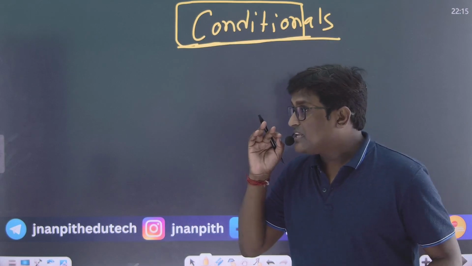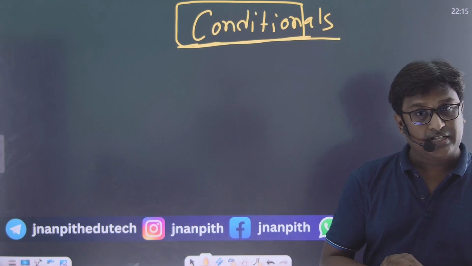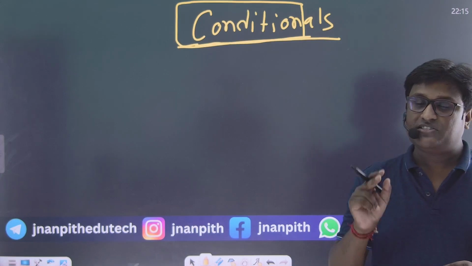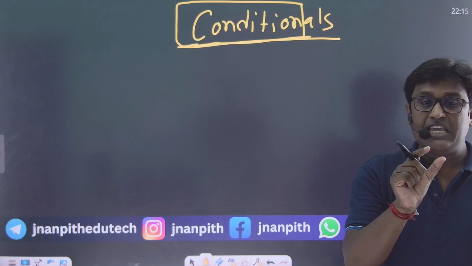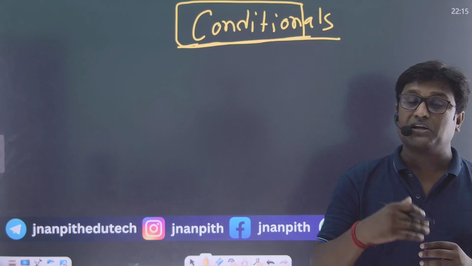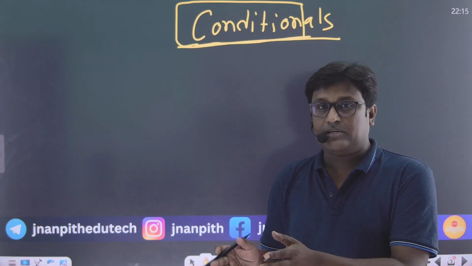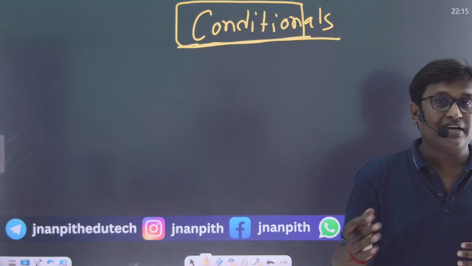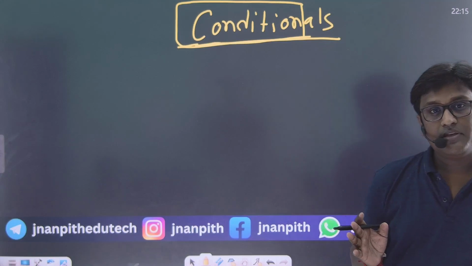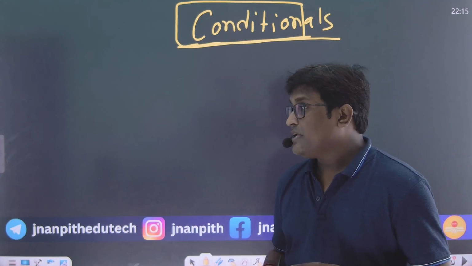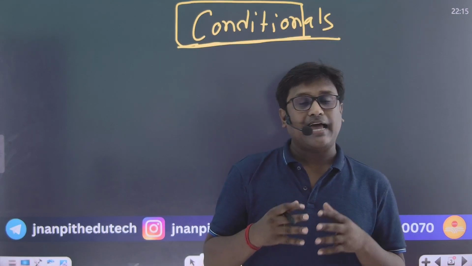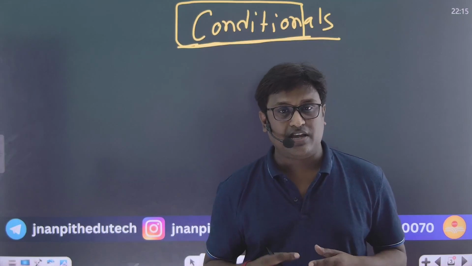So in a sentence having conditionals, we will see two parts. First one, the if clause, which tells us about a certain condition, and the remaining part tells us about the result of that condition. Hopefully clear?